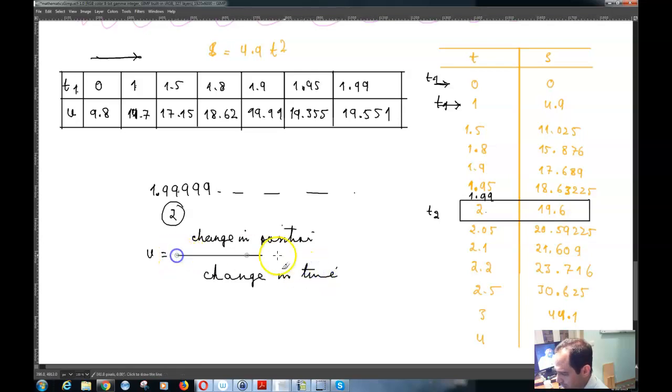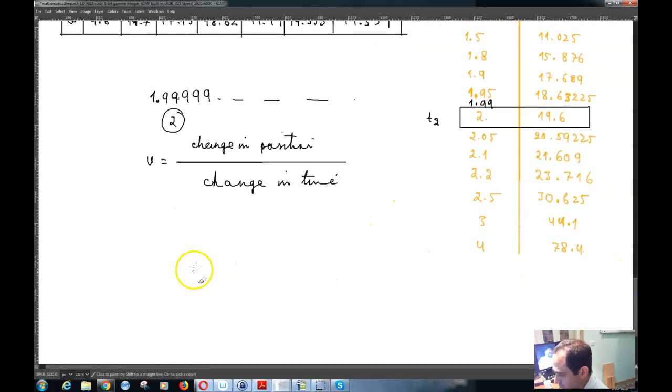Now the problem with getting very, very close to the point t is equal to 2 and making your point exactly t is equal to 2 is this. If this is the graph of my function, suppose that this is t is equal to 2, and I'm picking these points over here, getting closer to this point, closer and closer and closer, and so on and so forth.